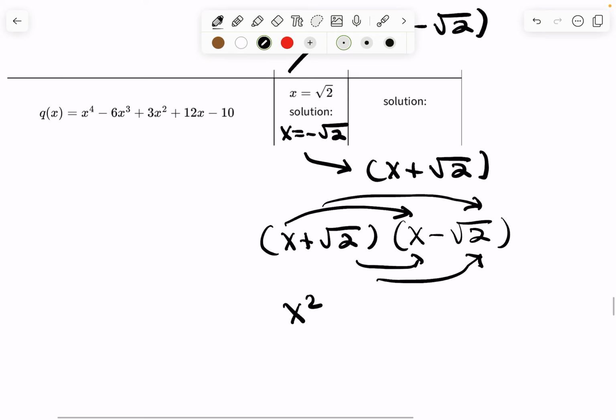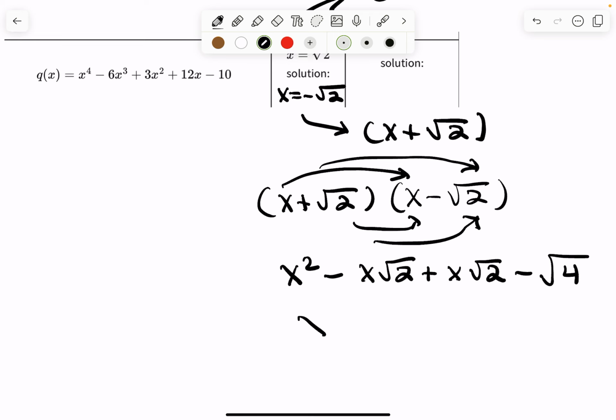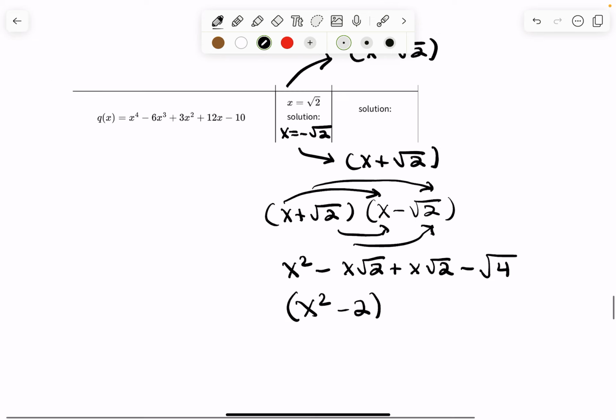Now we're going to take these two and multiply them by each other. So you're going to get x squared minus x root 2 plus x root 2 minus the square root of 2 times the square root of 2, which is the square root of 4. You get x squared minus 2 from doing all this work.